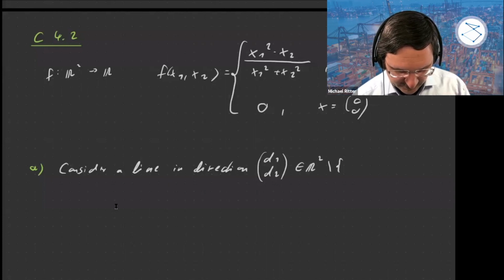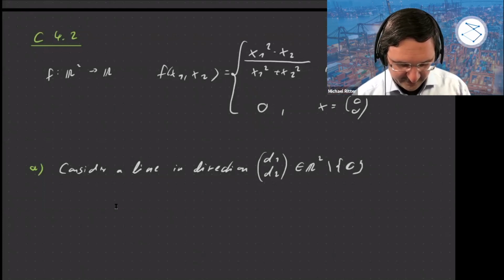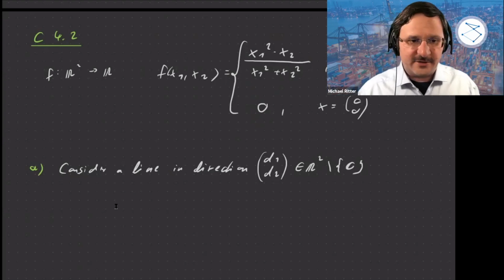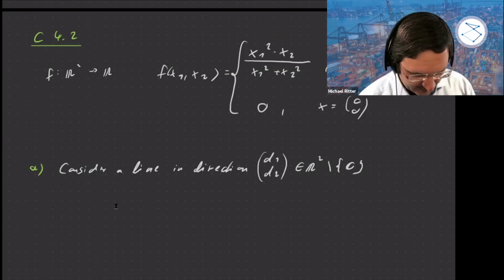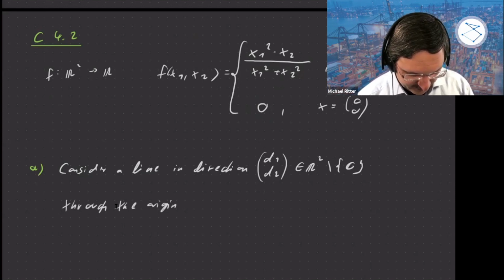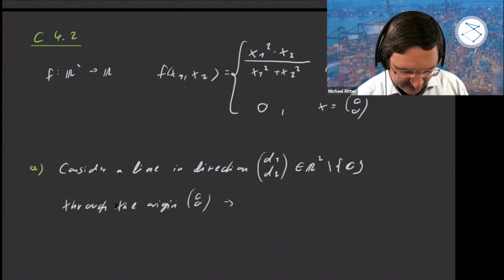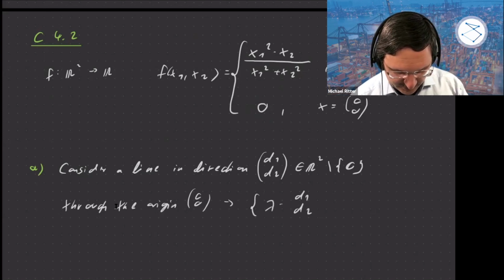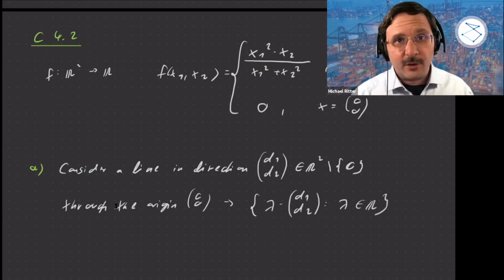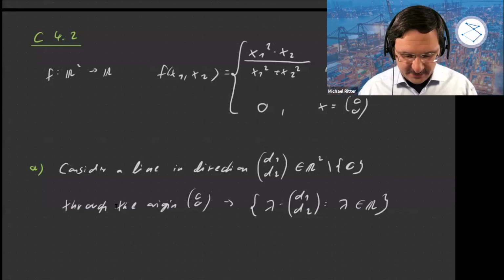And of course, the 0 vector is not a valid direction, so we exclude that one. Through the origin, that is 0, 0. That means the line is given as lambda times d1, d2, lambda in R. That's a line in the coordinate space through the origin.